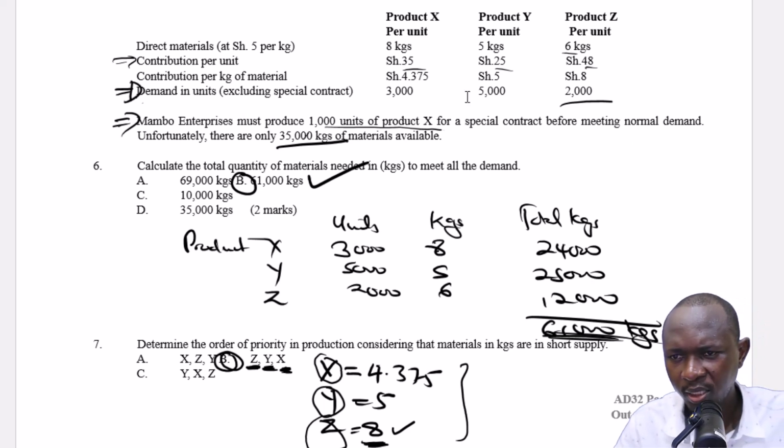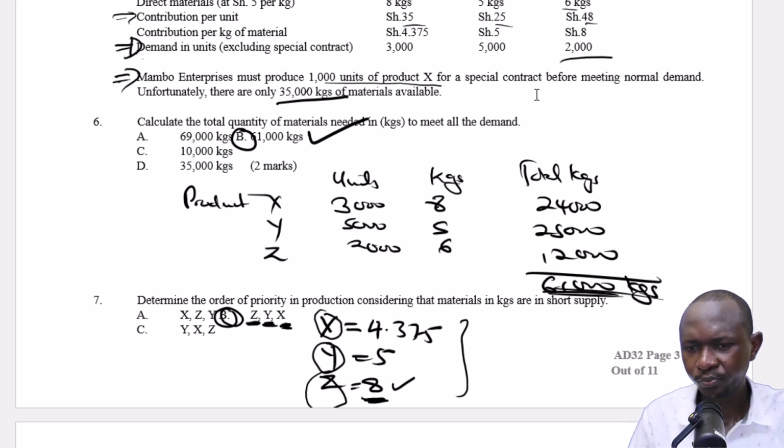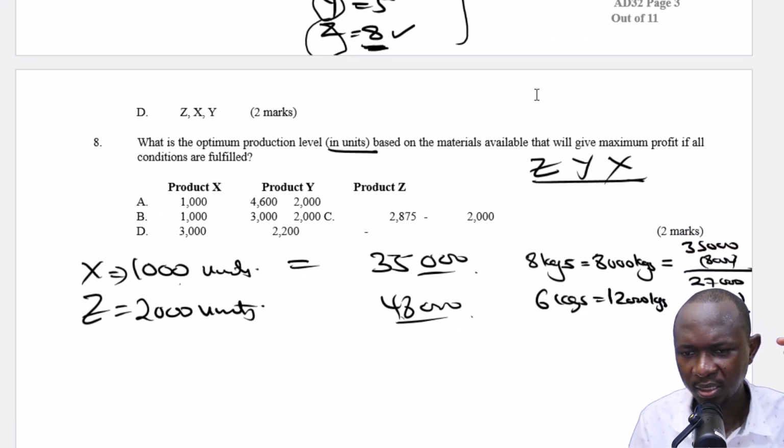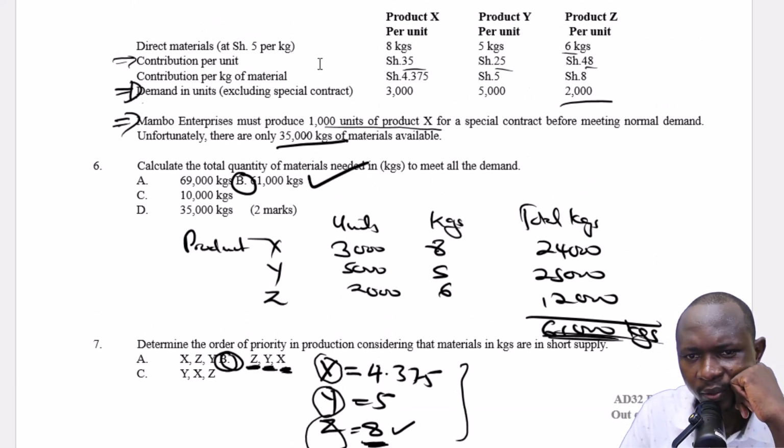Okay, so the next most profitable product, if we go back to the contribution, let's see. This is X, Z, then we got the next one, which is definitely contribution per unit 25, 48, 35.